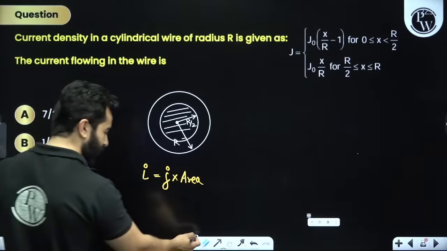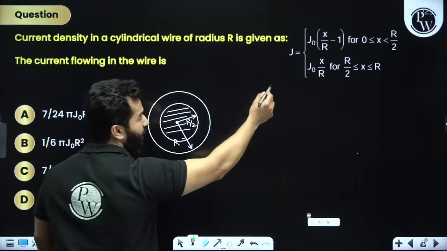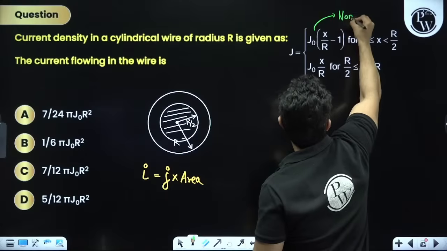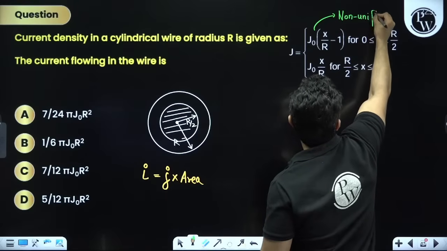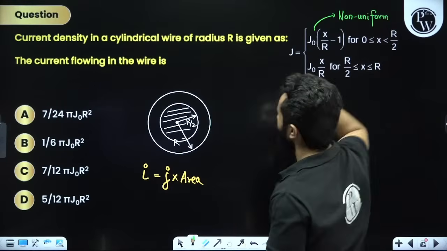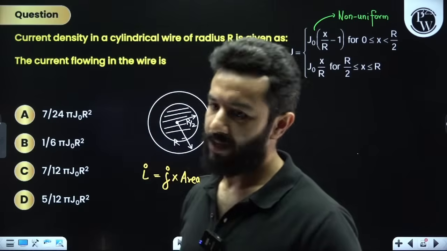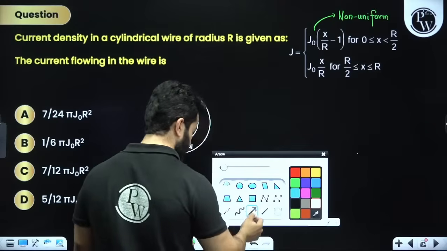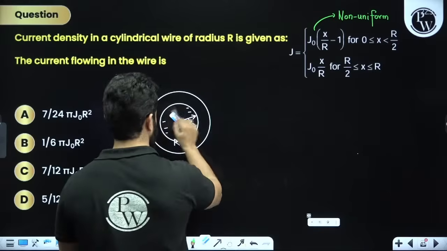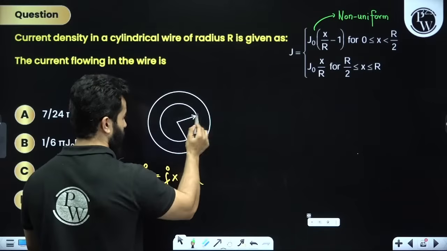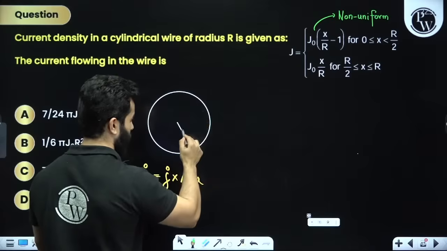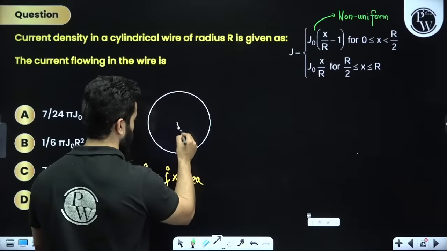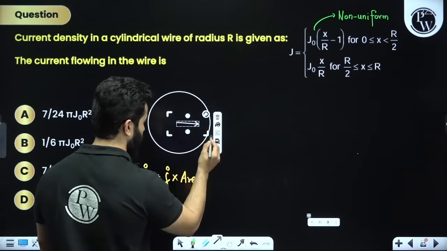The next point is that the current density is also non-uniform. Can you please see, this is non-uniform. This is also non-uniform. That means you will have to integrate it. Clear? So what you need to do is solve it something like this. Let's suppose from the center you are going at a distance of x.